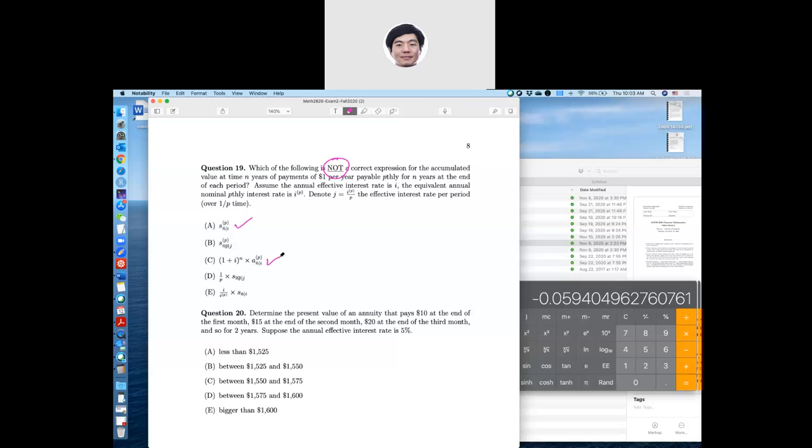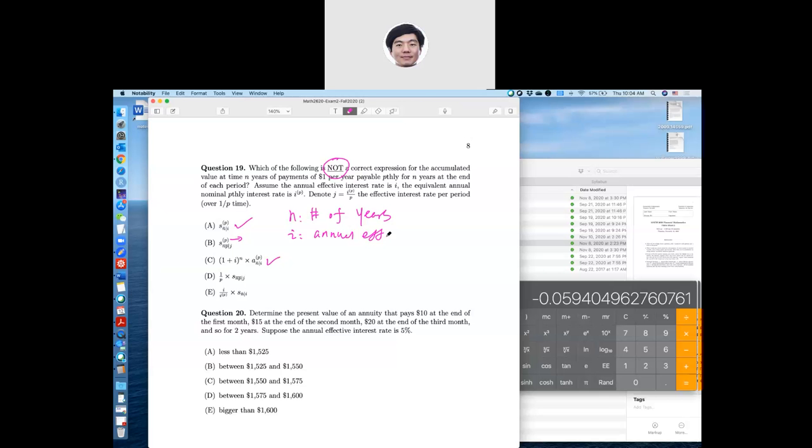That's because once you put P, upper P, your N must be the number of years, and your interest rate is the annual effective. That's why B is incorrect, because if you put MP, that means you have MP years. In each year, there are P payments. So you can tell the total payments will be more than what we need.